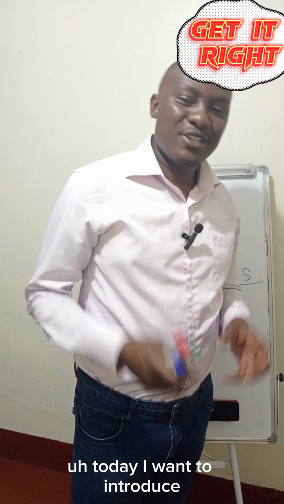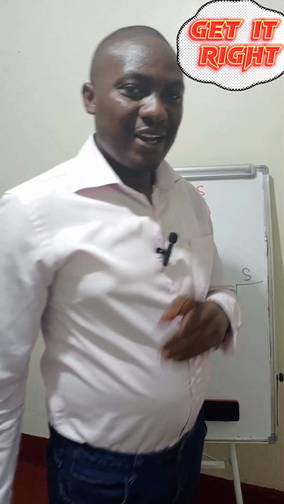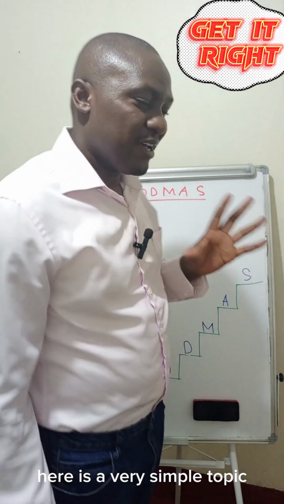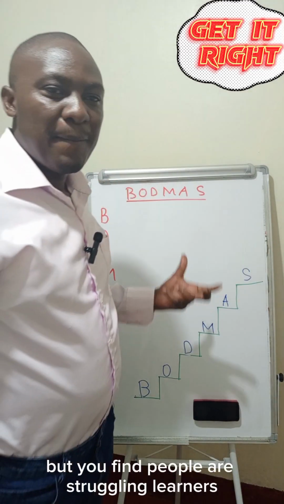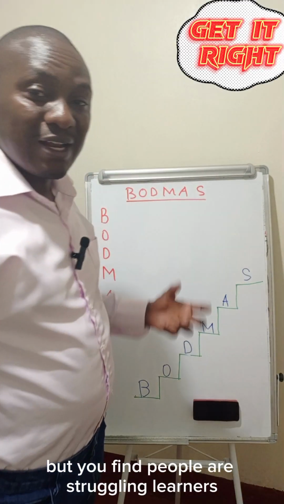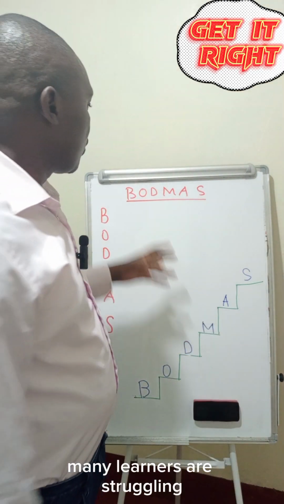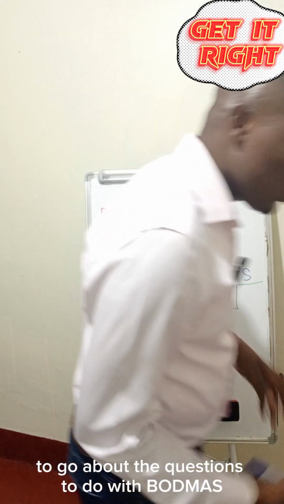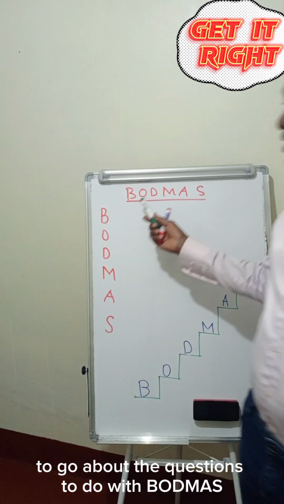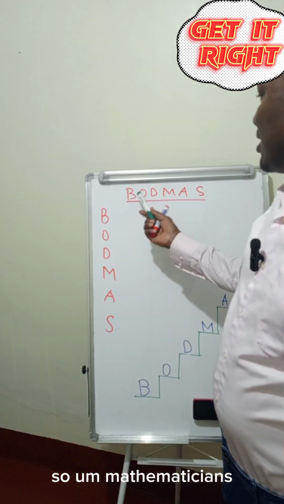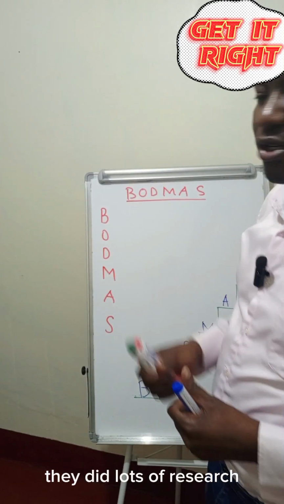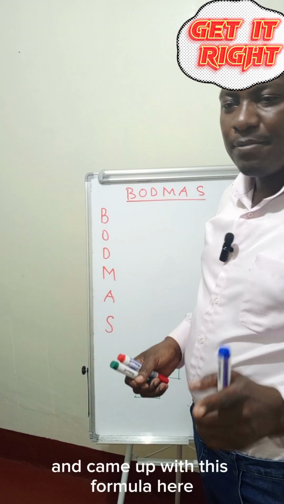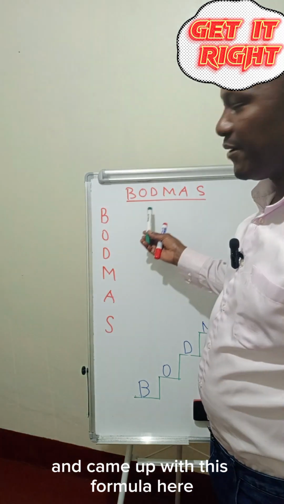Today, I want to introduce another topic here. It's a very simple topic, but you find people are struggling. Many learners are struggling to go about the questions to do with Bodmas. So, mathematicians did lots of research and came up with this formula here.